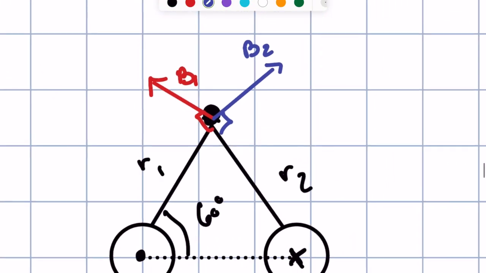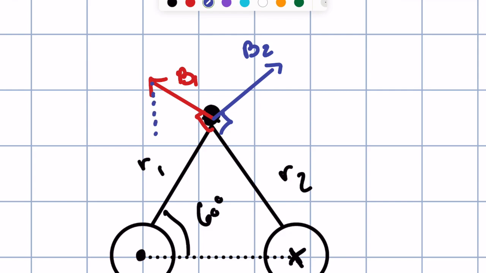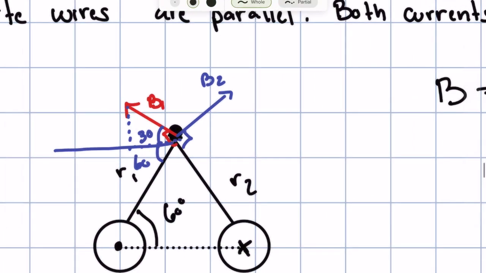If I zoom in a little bit more and ask what this angle is, hopefully you remember from trigonometry that if that is 60, and this is 90, then this is 30. I'll do it again on this side: this is 90, this is 60, which means this is 30.